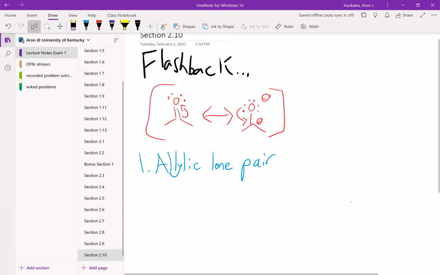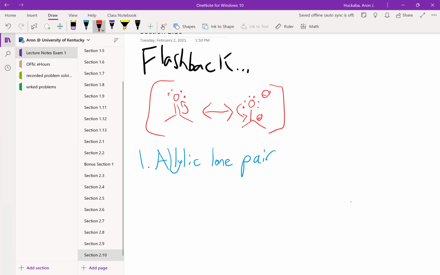So first, let's deconstruct the word allylic. Allylic is organic chemistry speak for a position that is next to a double bond. So you have a double bonded pair of carbons here, but then the carbon neighboring that double bond is the allylic position. So when we say allylic lone pair, that means there's a lone pair of electrons at that allylic spot there.